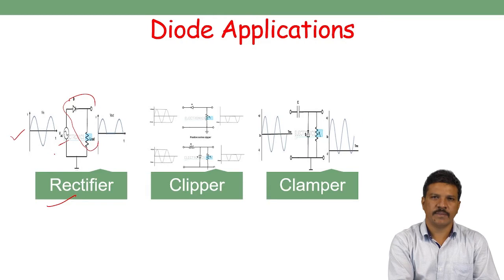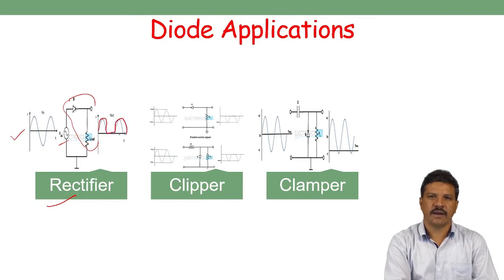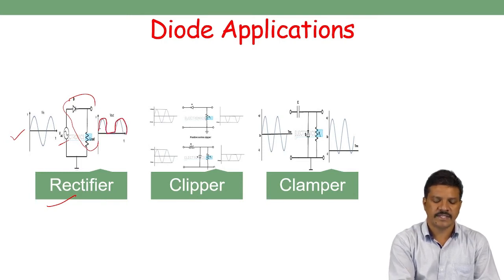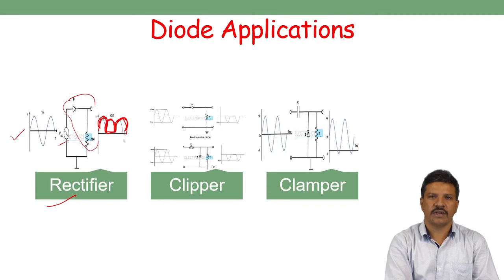If it is given to a simple rectifier, it converts this alternating signal to a unidirectional signal or pulsating DC signal. This kind of signal comes from a half wave rectifier and this kind of signal from a full wave rectifier, which rectifies a given AC alternating signal to direct current or direct signal.